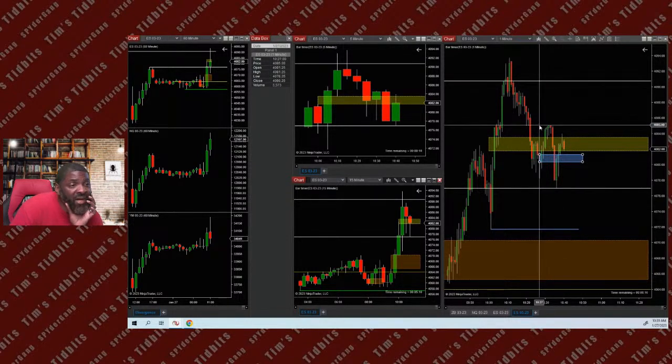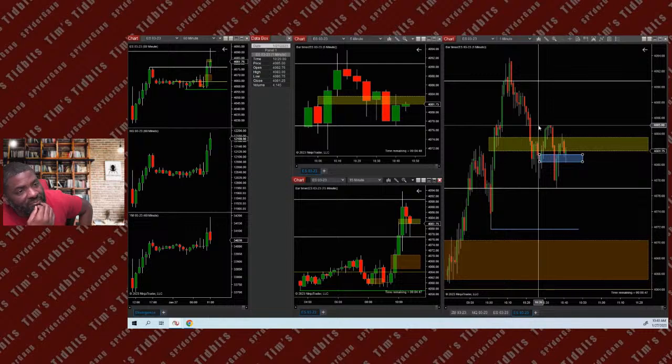We got the smooth highs up there. Chop slop. We in chop slop, because we came back down to the breaker again.